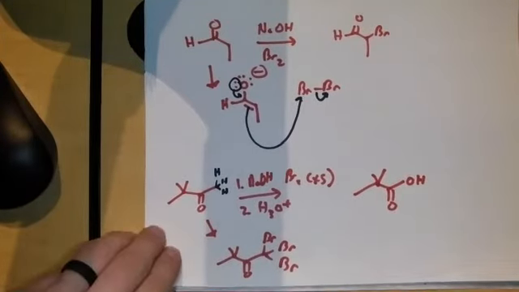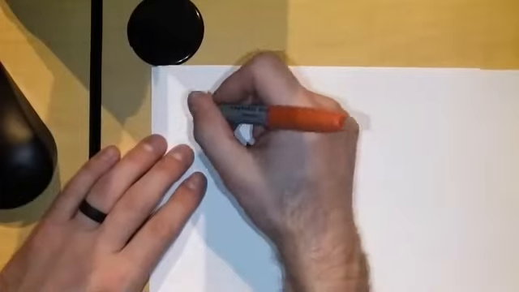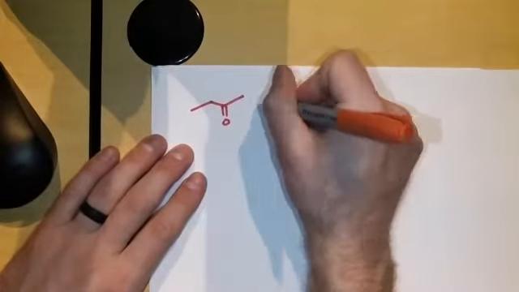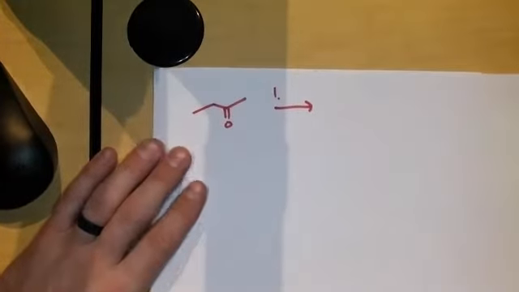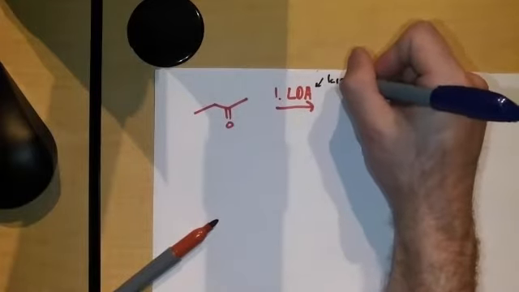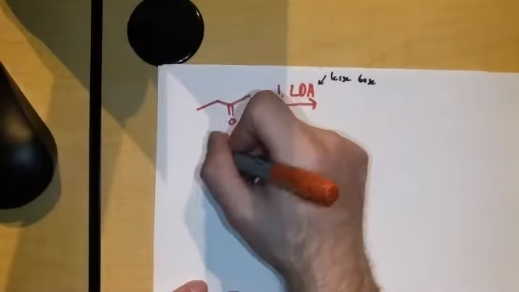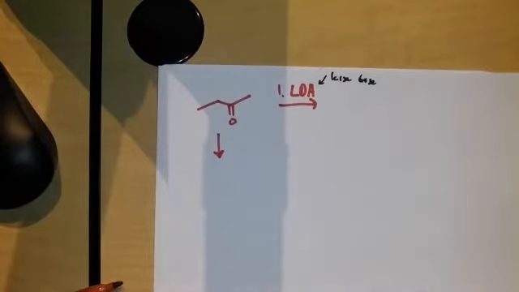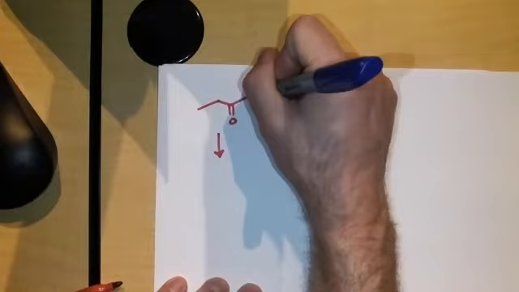Going back to some more aldol condensations. So for this one, we're using a large base, LDA, which means we are going to selectively deprotonate from our less substituted position, which would be this primary position.